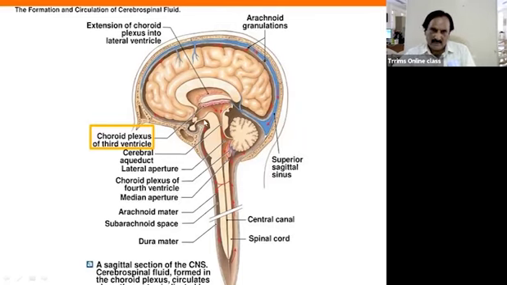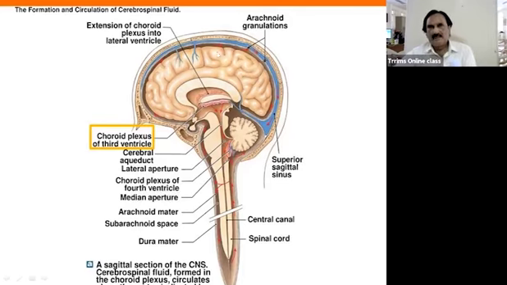The cerebrospinal fluid will be flowing here, and then it is passing down, and then it comes out.